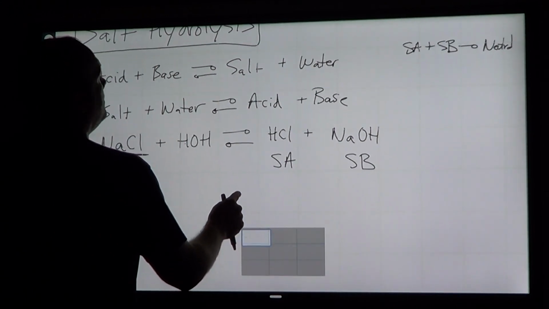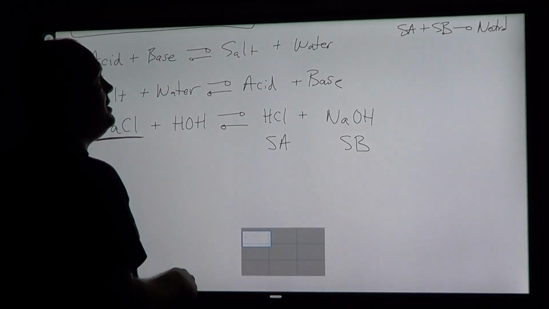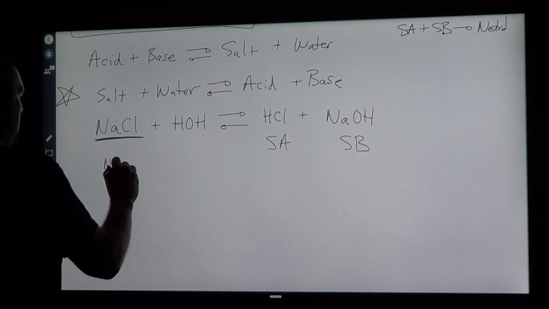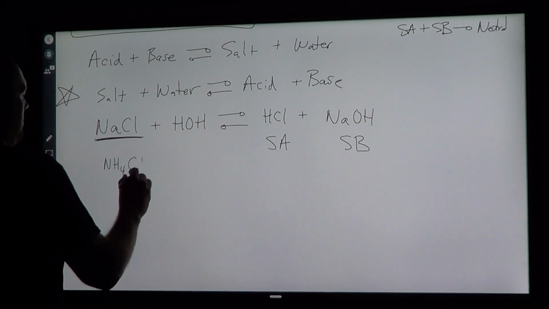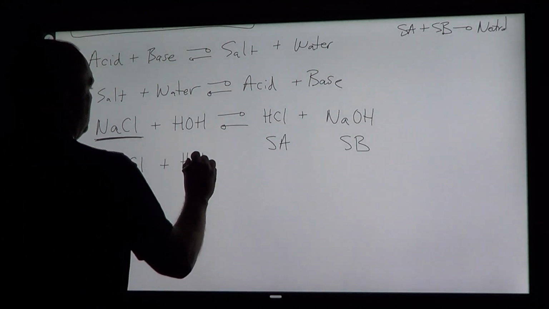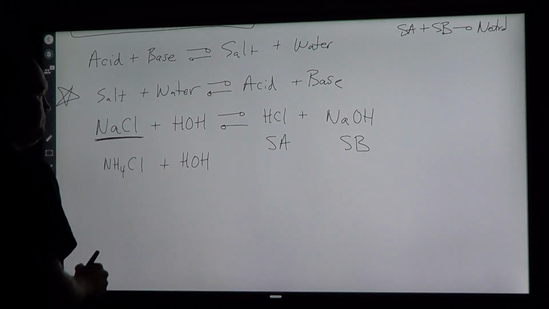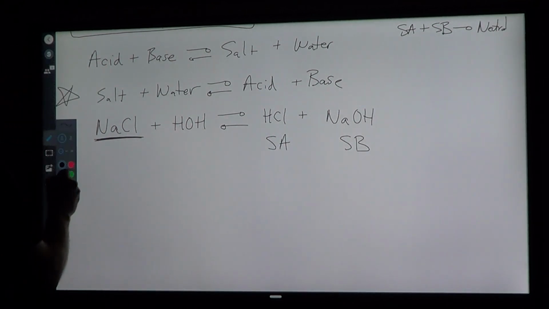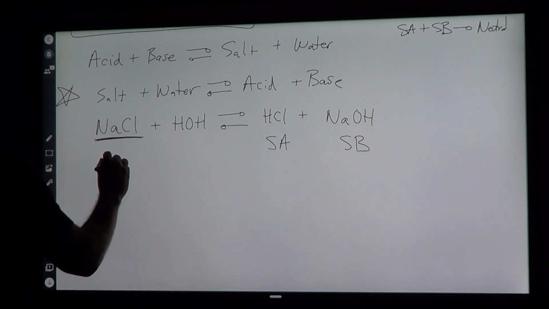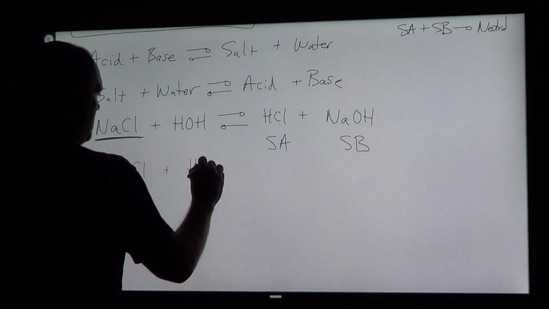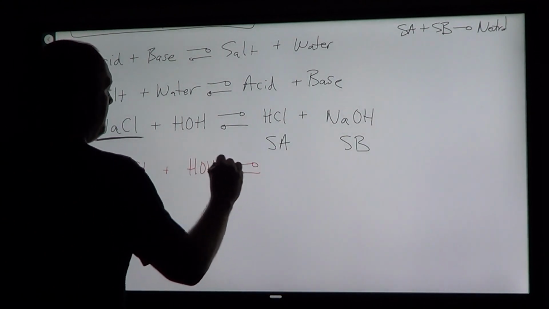Okay? Because table salt comes from a strong acid and a strong base. If we were to use another salt, like ammonium chloride, okay? I'm actually going to change the color of this to make it easier.